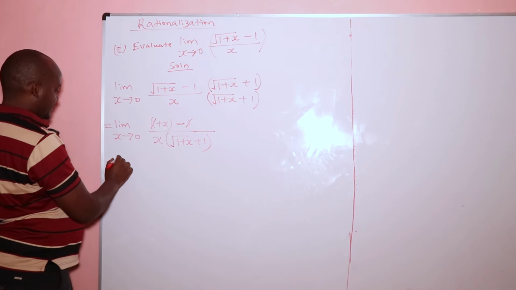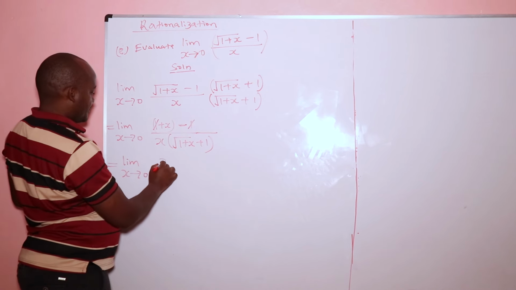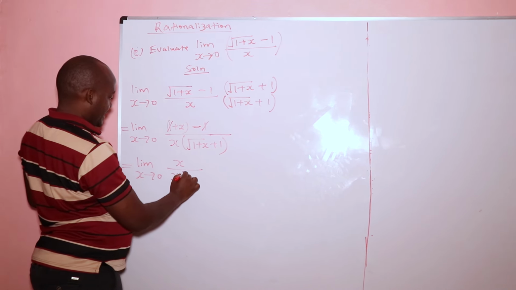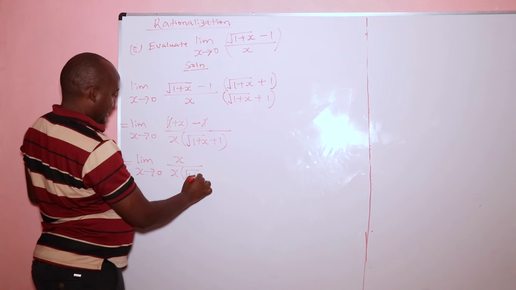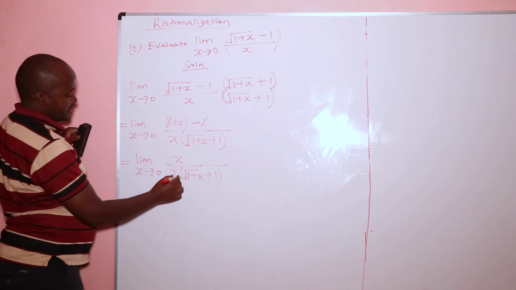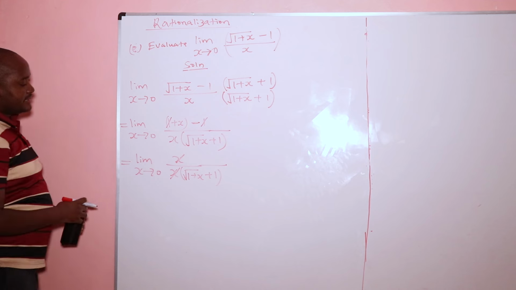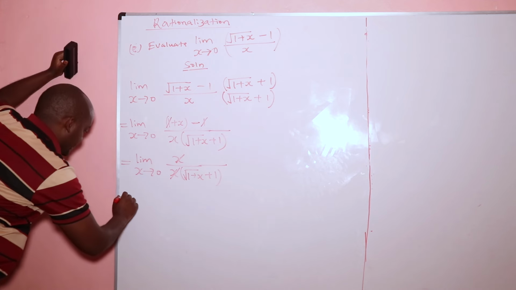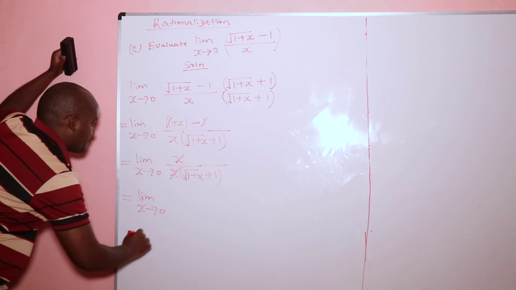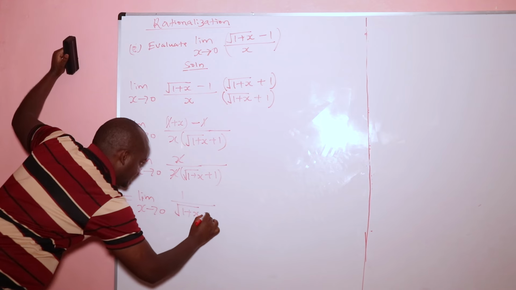Now this will give us the limit as x approaches 0 of x divided by x multiplied by root 1 plus x plus 1.